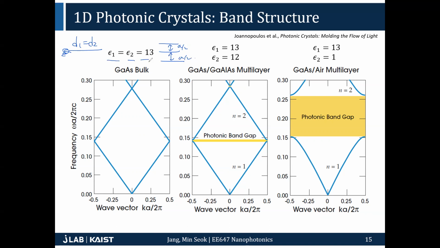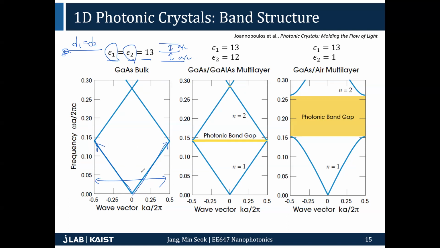And when these two materials have the same permittivity, basically they are the same material, then if you draw the dispersion relation in a Brillouin zone, it looks like this. Okay, so the reason why we are drawing things only in a Brillouin zone is because this relation is repeated every 2 pi over a. So we don't need to draw the entire k space. We only need to draw things in a Brillouin zone, and that's enough.